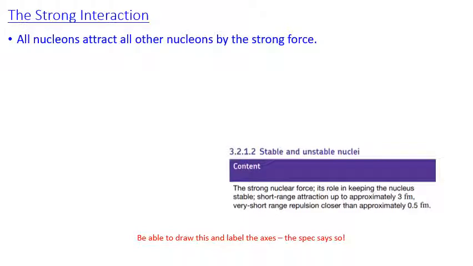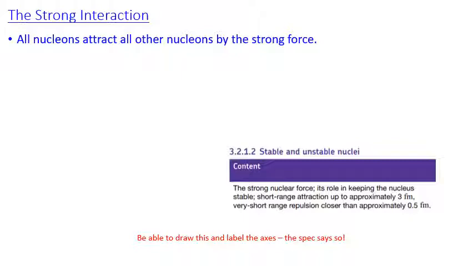Now the specification tells us that you should know about the strong nuclear force, its role in overcoming the electromagnetic force to make the nucleus stable, and the fact that it's short range, so above about 3 or 4 femtometers, it really doesn't have any effect at all.